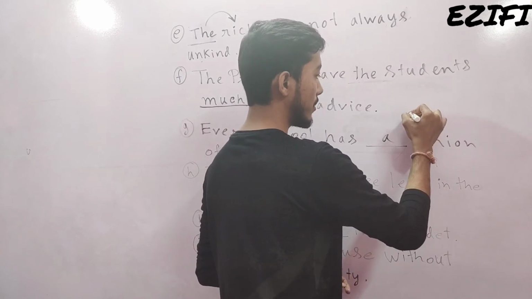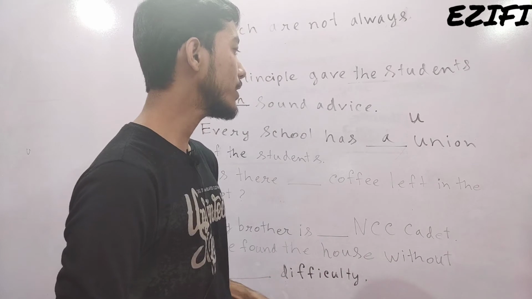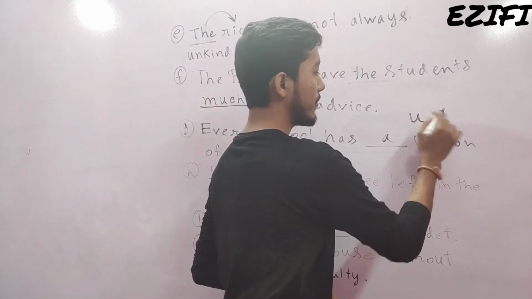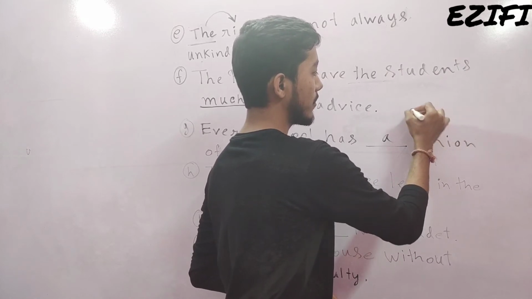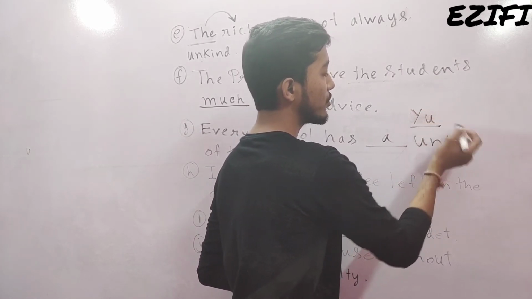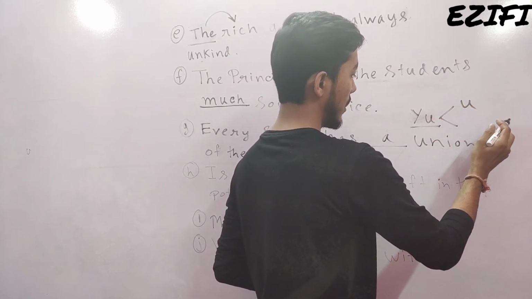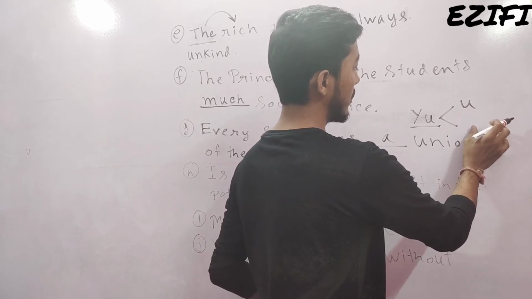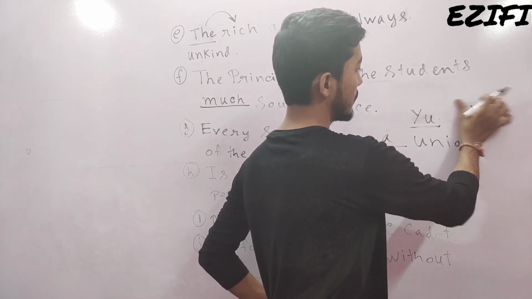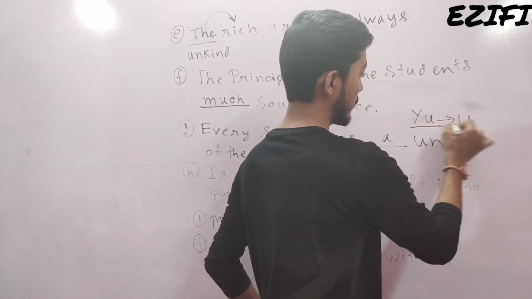We know that whenever there is a vowel sound we use an, but remember, whenever there is this you pronunciation, and that is mostly in the case of u, we should use a.